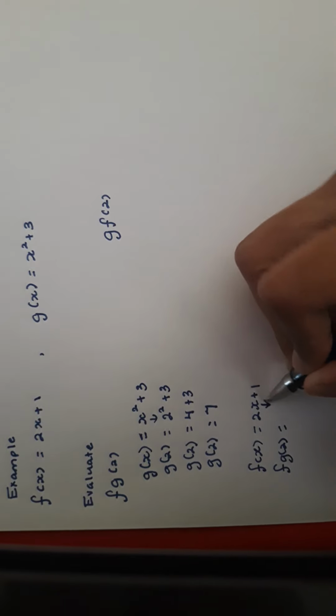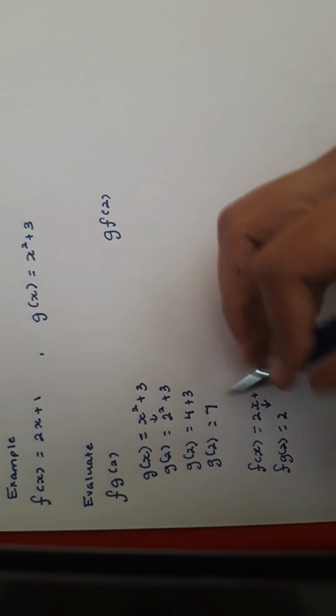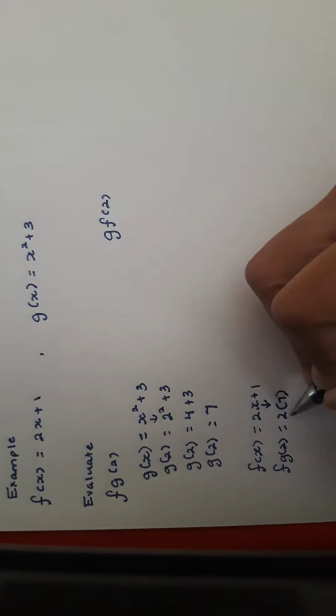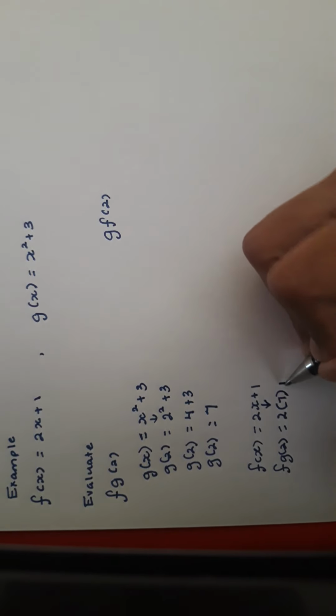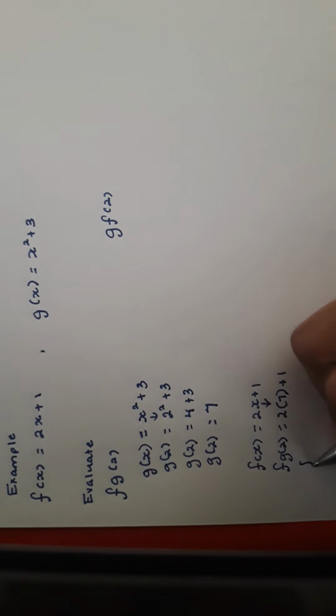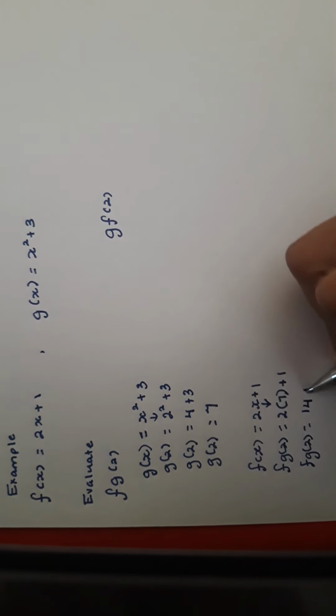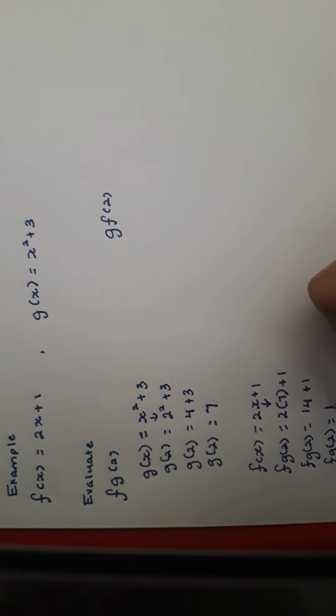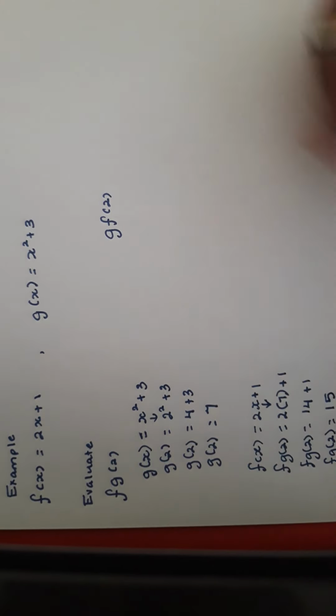Everywhere we have x, we replace it with the number 7. So 2x is 2 by 7, add 1, and 2 sevens are equal to 14. So that's 14 plus 1. fg of 2 is equal to 15.